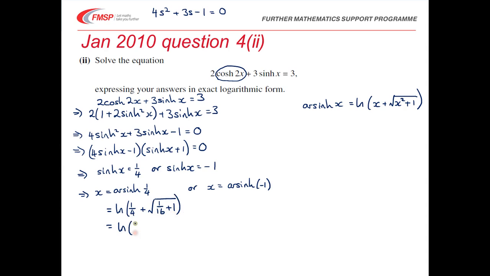That's natural log of 1 quarter plus root 17 over 16, which is natural log of 1 plus root 17 all over 4. And the other expression, natural log of minus 1 plus root 1 plus 1. That's natural log of root 2 minus 1.